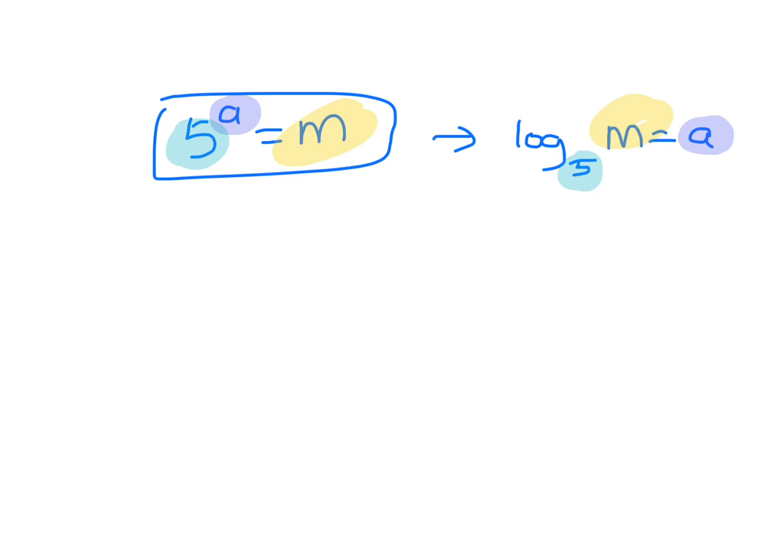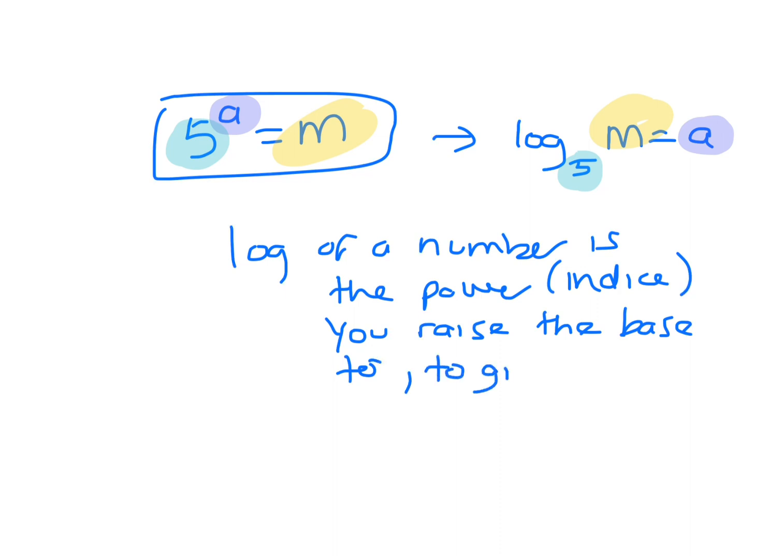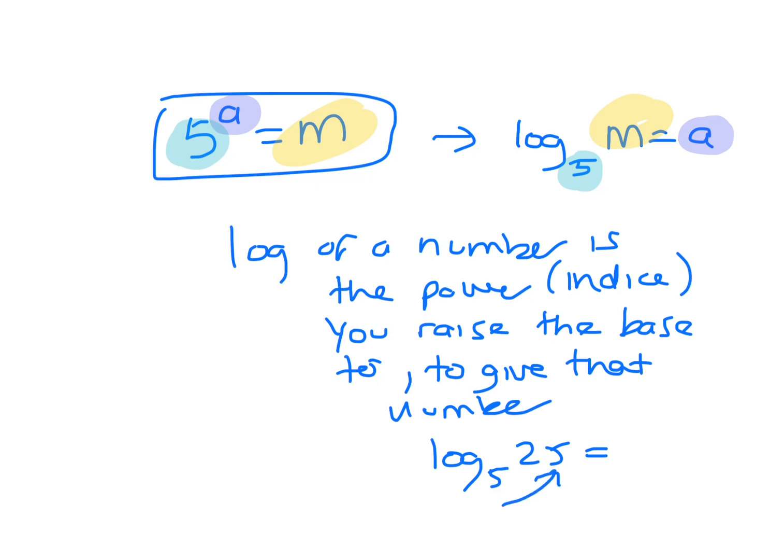So the log of a number is the power, or the indice, you raise the base to give that number. So, for example, log base 5 of 25, what do I raise 5 to give 25? 2. So that would equal 2.